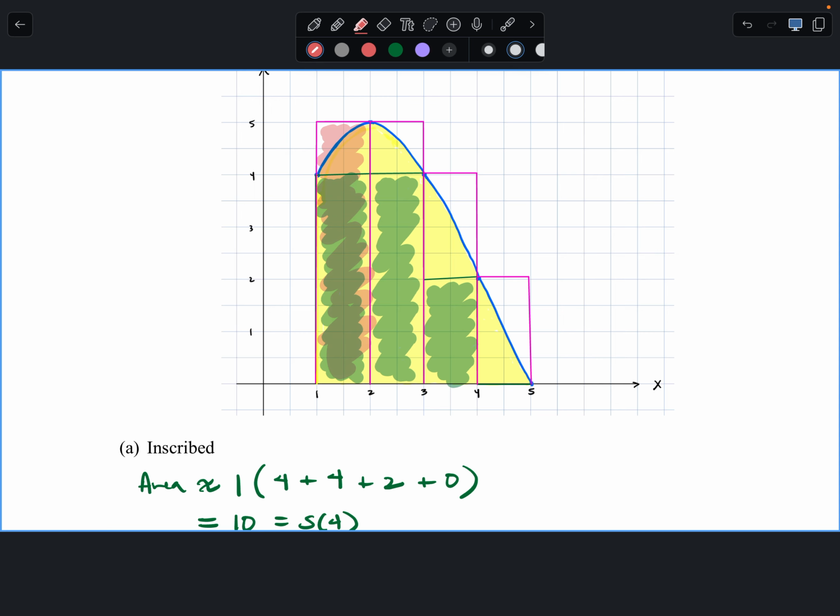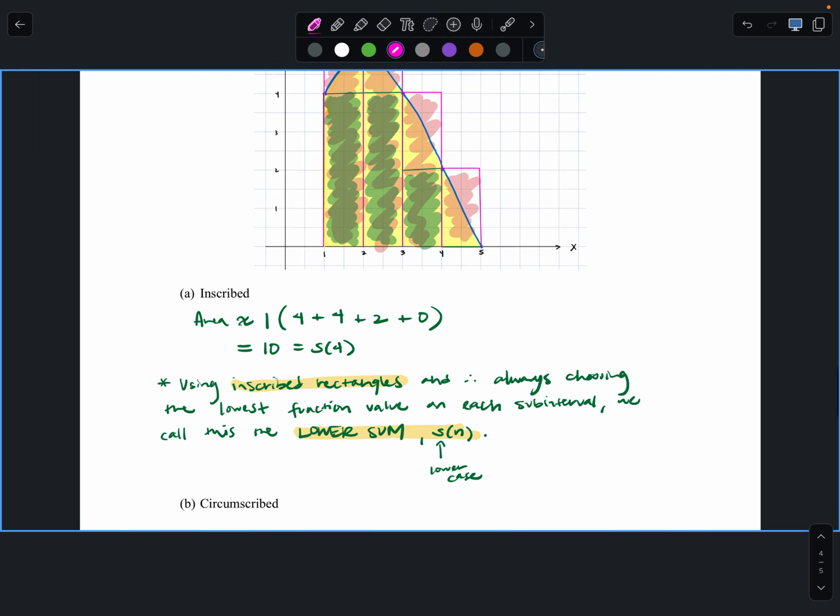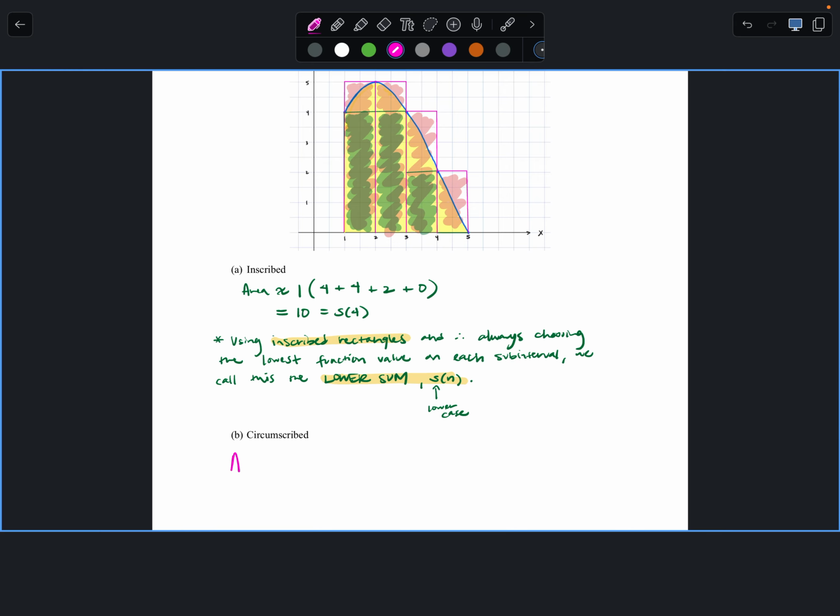So this area plus this area plus this area plus this area. Okay, so our approximation would still be a width of 1 for each rectangle, but the rectangle heights are going to be 5, 5 again, 4, and 2, which ends up being equal to, I have 16 written down.